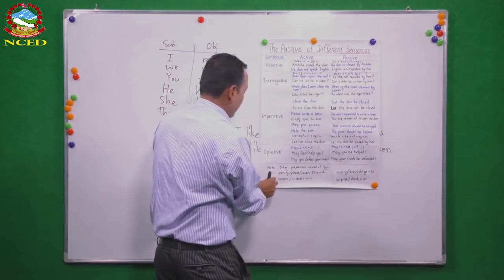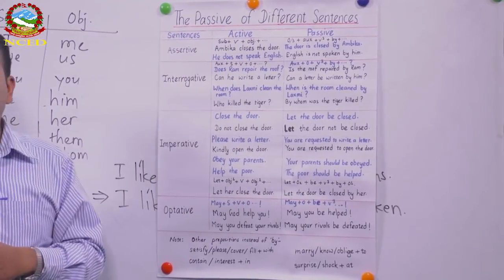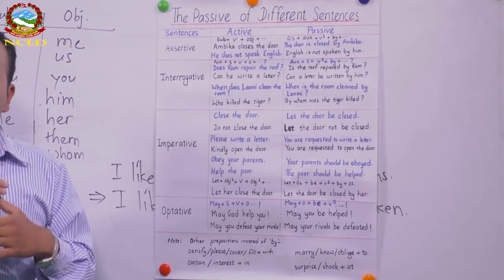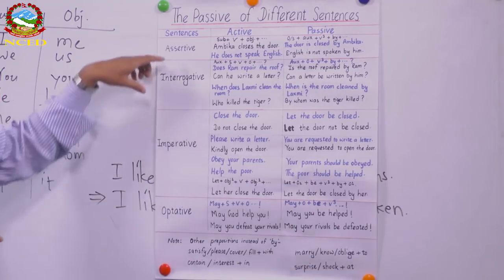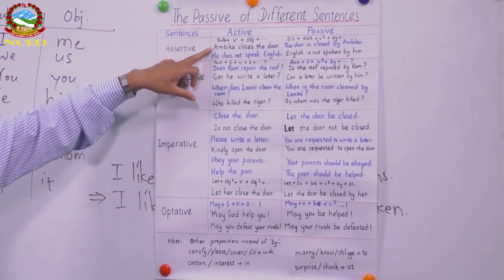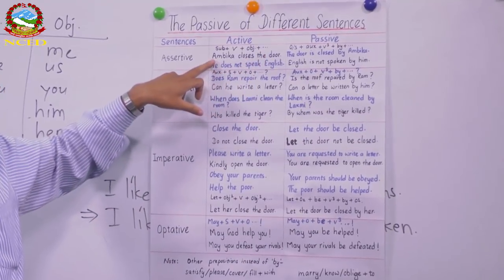Very quickly we have to discuss here the passive of different sentences. Up to now we just talked about assertive type sentences belonging to different tenses. Now, the first type given here, we just did it. For example, subject verb object pattern sentences.